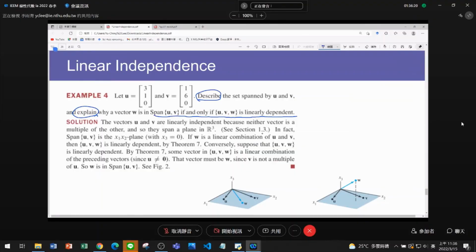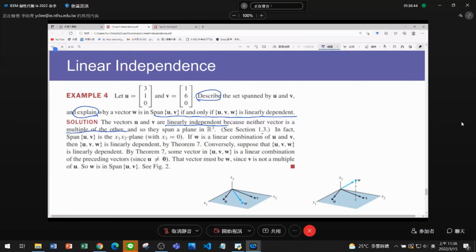So first of all, we are describing the linear independence of two vectors only, and we find out that they are not multiples of one another. 它们彼此之间没有成倍数关系。So the vectors are linearly independent because neither vector is a multiple of the other.